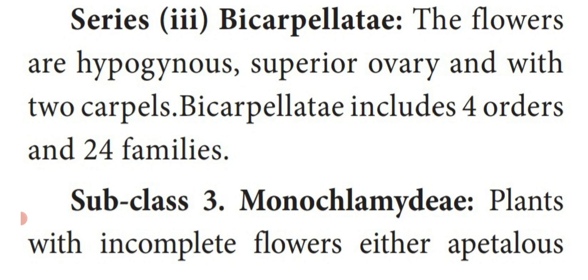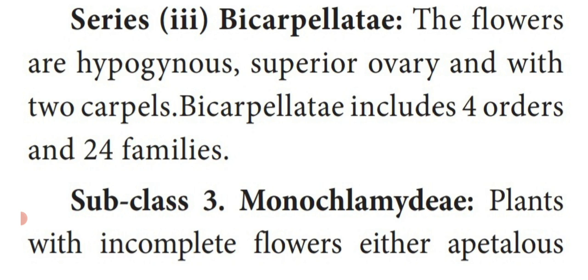The next subclass 3 is Monochlamydeae. So what is Monochlamydeae? I already told you, incomplete flowers. One of the whorls is absent. Incomplete flowers, either apetalous, that means absence of corolla or petals, or asepalous, absence of sepals or calyx.